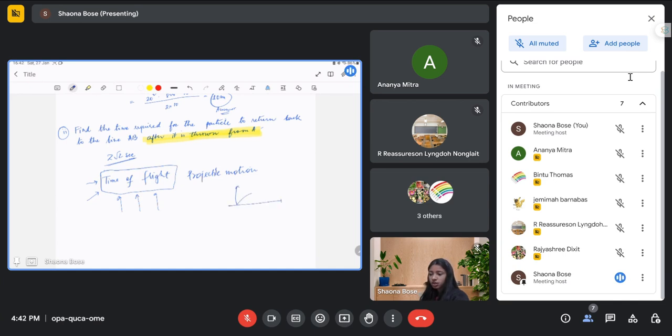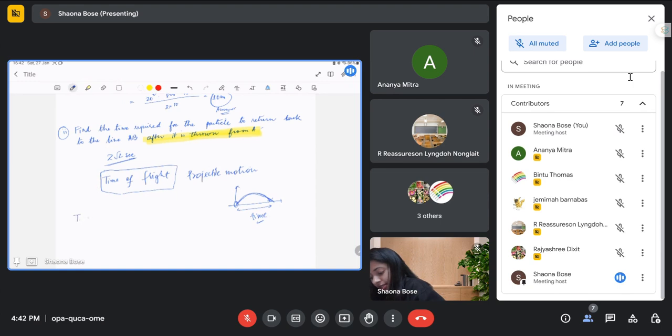In a projectile motion, the time it takes to reach the baseline is called the time of flight. So the question is asking for this time of flight. You just put in the equation which gives you the time of flight.